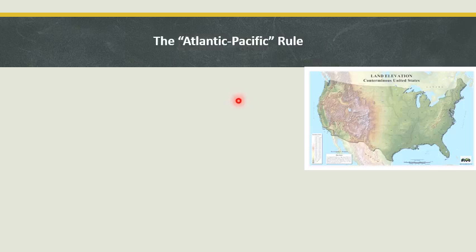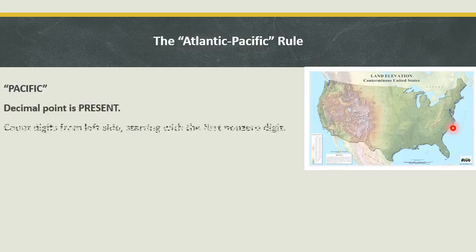What we are doing here is finding the significant figures when a decimal point is present. We move from the Pacific to the Atlantic side: count the digits from the left side, starting with the first non-zero digit.